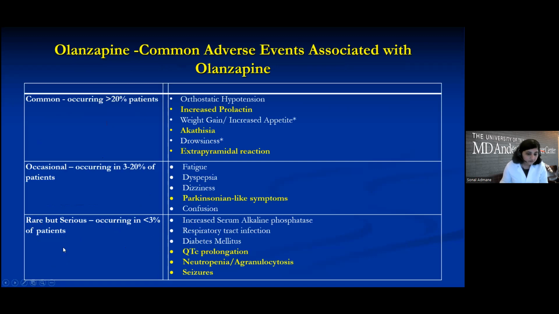So akathisia, extrapyramidal symptoms, sometimes restless leg are the symptoms that we see. It does cause QT prolongation, and you have to be considerate, especially if you are using it in patients with underlying heart disease or prolonged QT interval at baseline. You need a lot of monitoring, but it is definitely less risky than, say, using haloperidol or chlorpromazine.